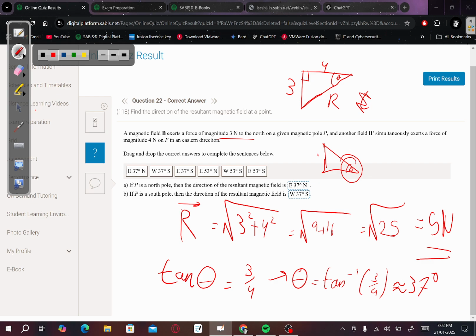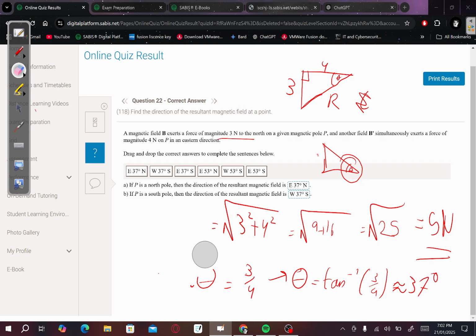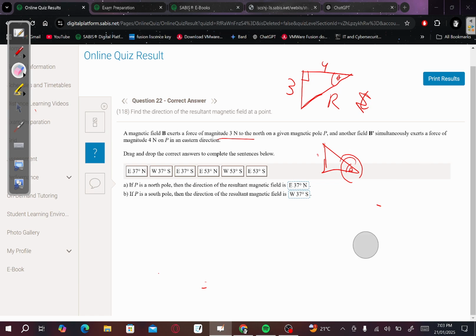Okay, so we know it's 37 degrees, right? Now, what are we going to do with this info? You can see that it goes to the east here, which means that it's going to go 37 degrees east of north, because it started at the North Pole. It goes north, and then it goes east.